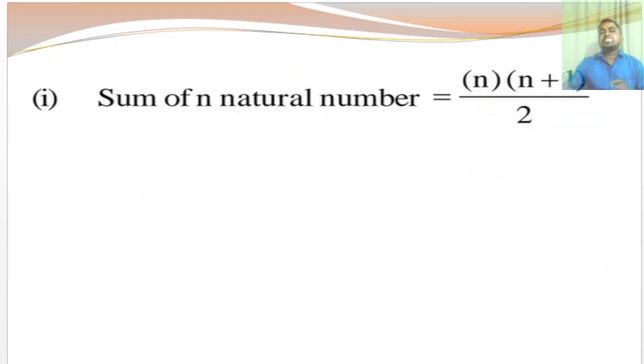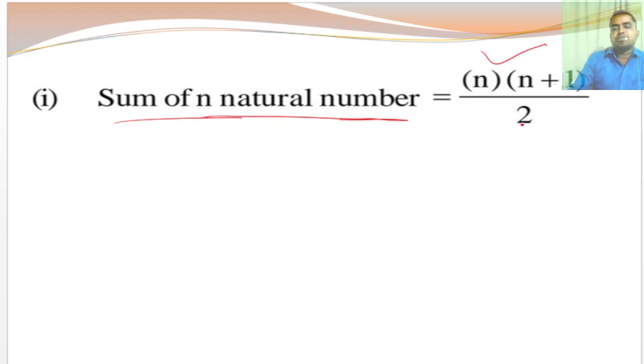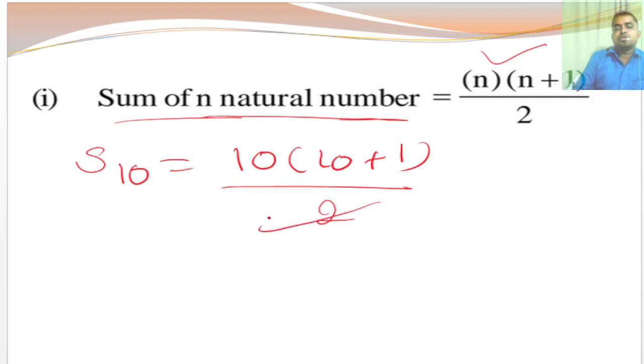Now sum of n natural numbers. The sum of n natural numbers is calculated using the formula n into (n plus 1) divided by 2. Sum of 10 natural numbers, S10, n means 10. 10 into 11 divided by 2, 2 5s are 10, then 5 into 11, that is 55. Sum of first 10 natural numbers is 55.